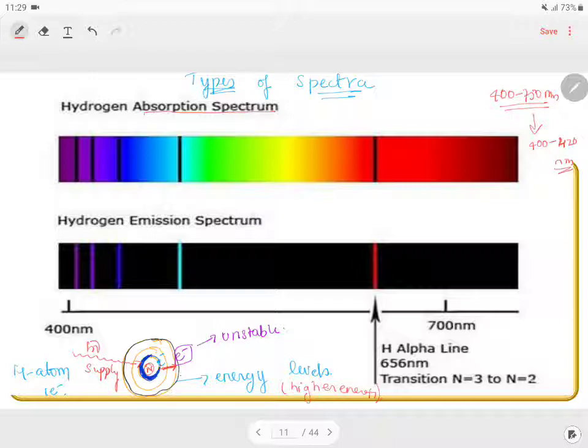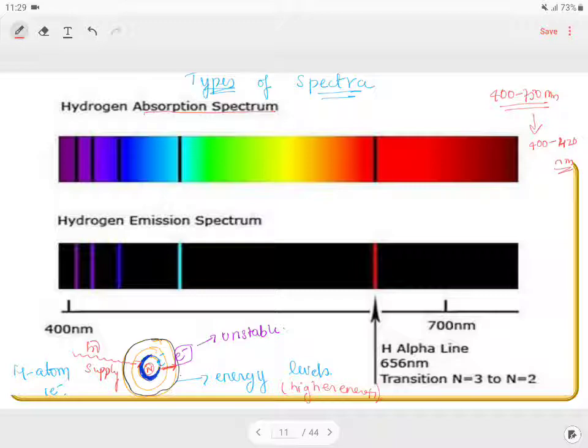So in absorption spectrum, we just find out what the wavelength range is, or it can be one number or a range, which is absorbed by the electron in order to reach the higher energy state. If you observe that in the photographic plate, the resulting spectrum obtained, we call it absorption spectrum.